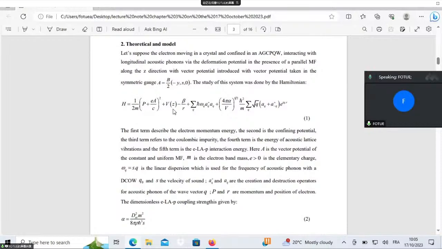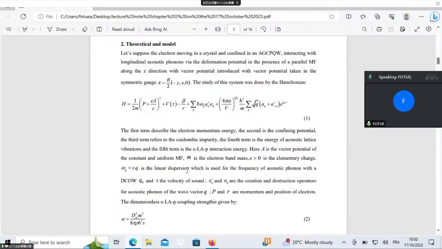As I said before, the phonon frequency is expressed through the linear dispersion relation with the acoustic wave number, or wave vector Q. So this omega Q is equal to S Q. This S is the sound velocity.